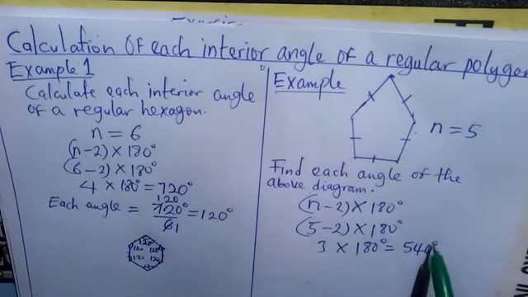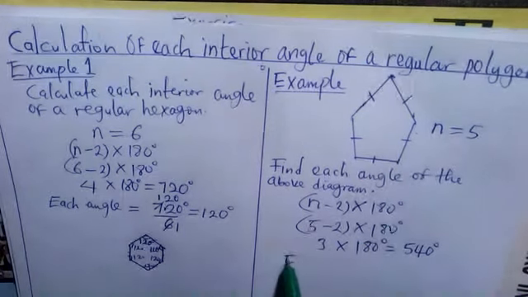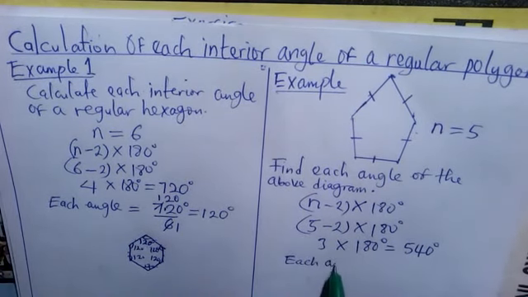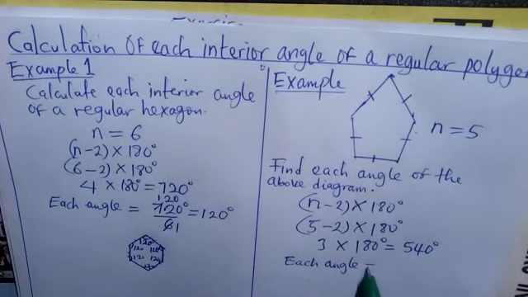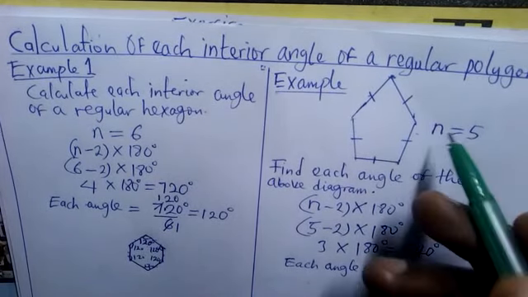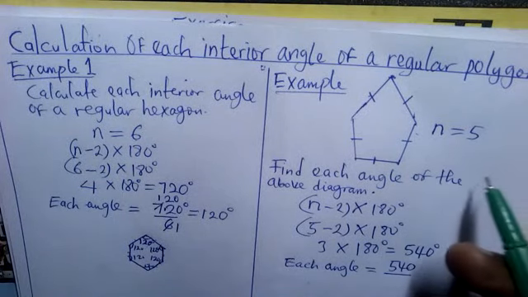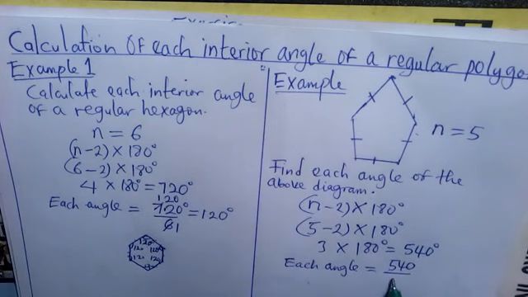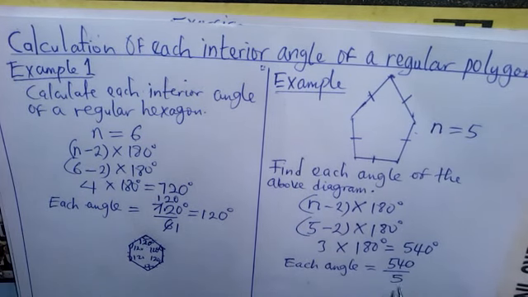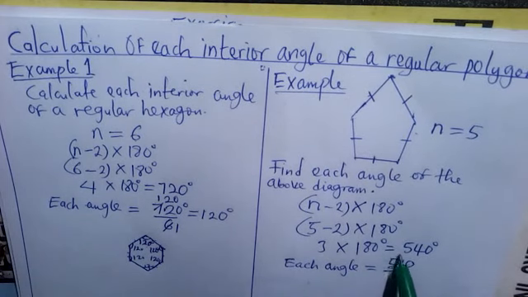540 degrees. So to find each angle, which is the question, each angle will now be equal to 540 divided by the number of sides, which for this diagram is just 5. So 5 in 54 will give you 10, and you have 4 left.